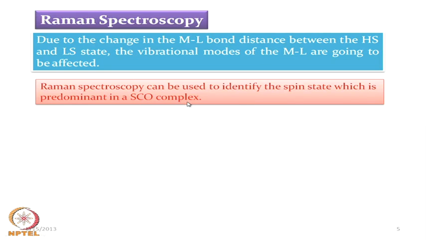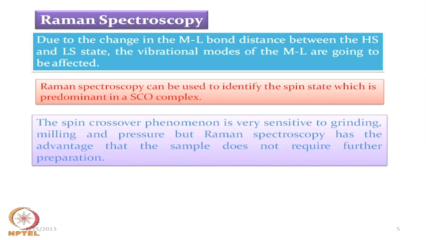So, whether at a particular temperature it is the low spin complex which is exclusively present in absence of any high spin species, or as we increase the temperature the situation is changing, more and more low spin complexes are getting changed to the high spin one, and we end up close to room temperature with all the molecules transformed from the low spin form to the high spin form.